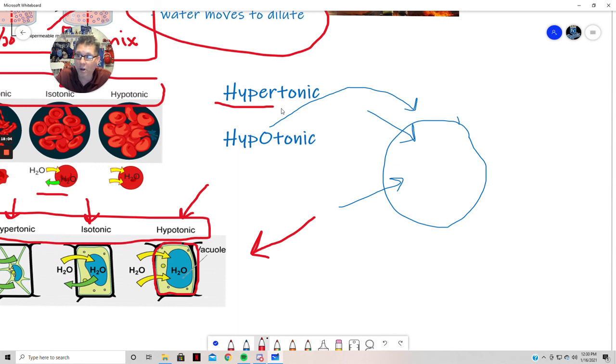And as they crawl around, when they come in contact with it, what their cells see is that the solute concentration is greater outside the cells than inside the cells. So the water goes out to try to dilute that down, and therefore that makes the slug lose all the water in the cells, which is a bad situation.